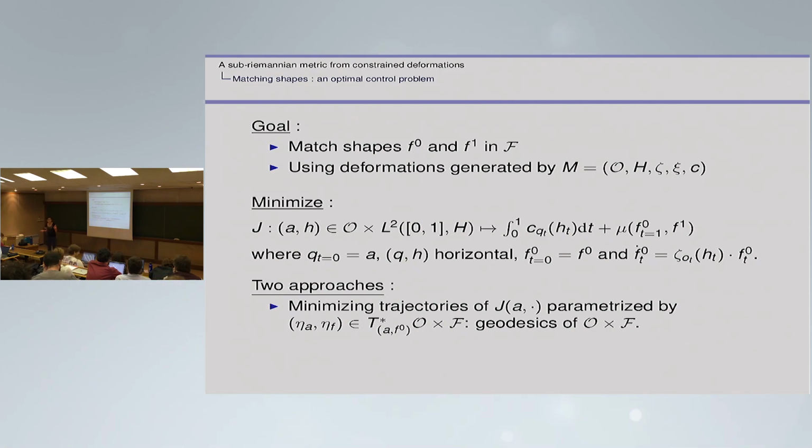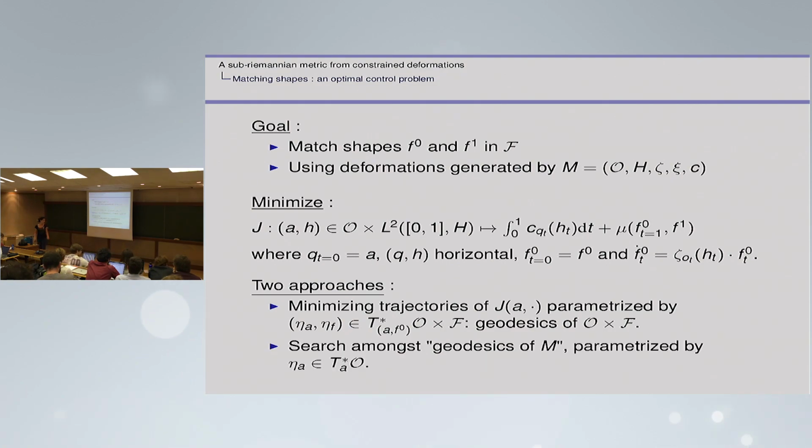And we think that the geometric information given by the elements in O is enough to study the problem that we have. So in this case, you can study only the geodesics that can be built with M, parameterized by initial momentum that is only in the cotangent of your space of geometrical descriptors, so in general very low dimension, and then search among them how you can transform f0 into f1.